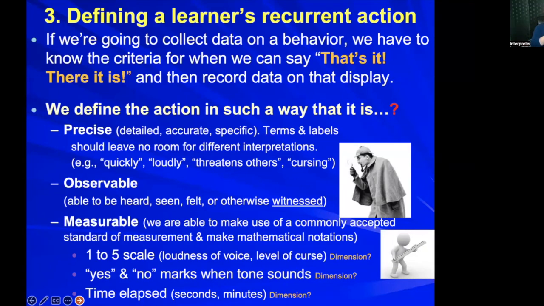Maybe 5 is the outdoor voice used out there in the yard. It could be the yes or no marks, which we would be using for it either happened or didn't happen when I looked over. We'll talk about that dimension and that recording procedure in a bit.